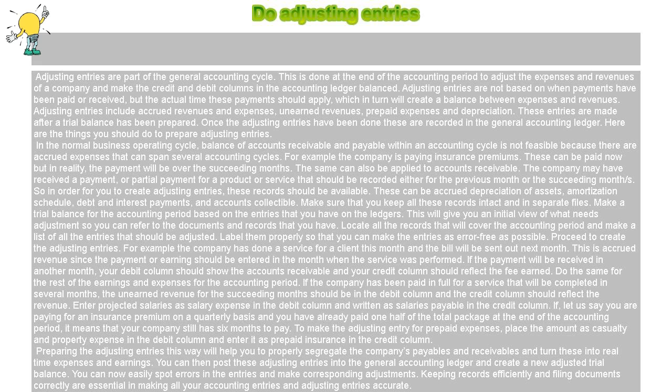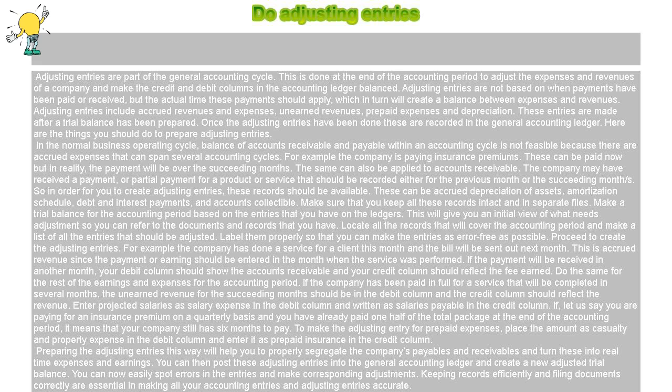The same can also be applied to accounts receivable. The company may have received a payment, or partial payment for a product or service that should be recorded either for the previous month or the succeeding month/s.